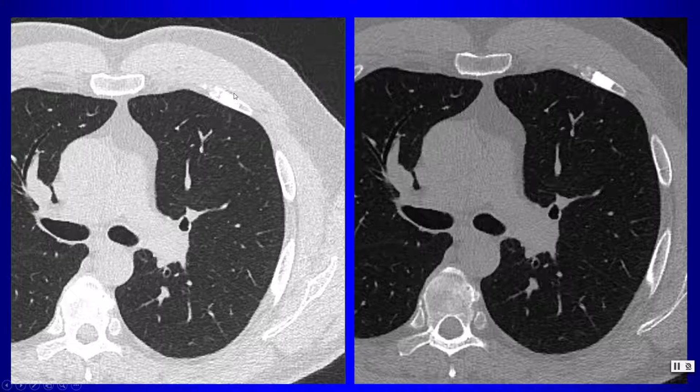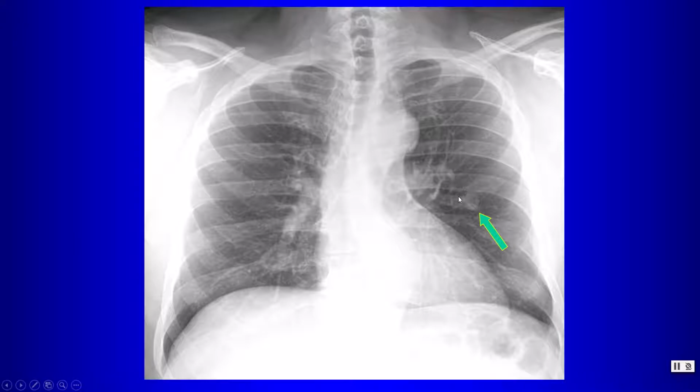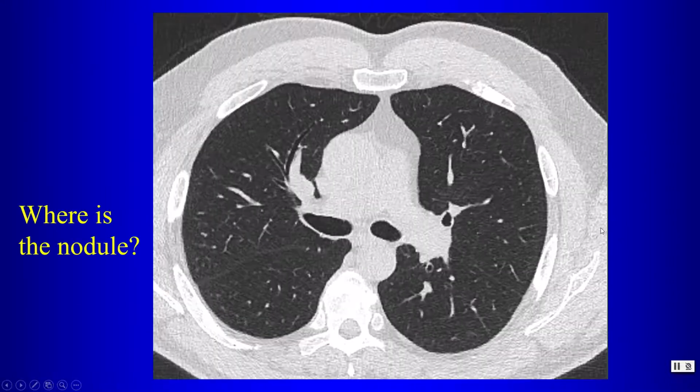So here it is right here in the anterior rib. These bone islands can also simulate lung nodules. If we see on serial chest radiographs that the nodule is always in the same location relative to the rib, then it's a hint that the lesion itself is related to the rib.